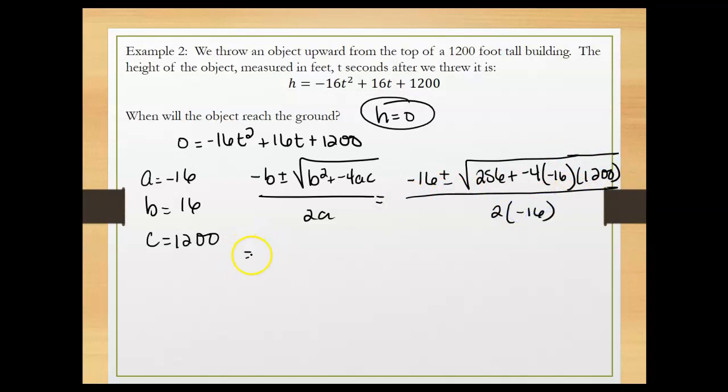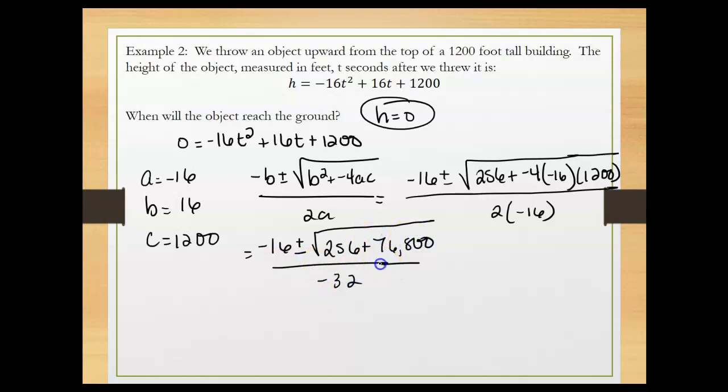I simplify what's inside the square root first, so that's negative 16 plus or minus the square root. Go ahead and simplify inside the square root now and see what you come up with. You should have said that 256 plus negative 4 times 16 times 1200 is 76,800, divided by negative 32.